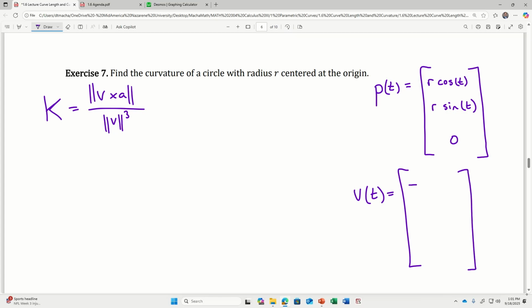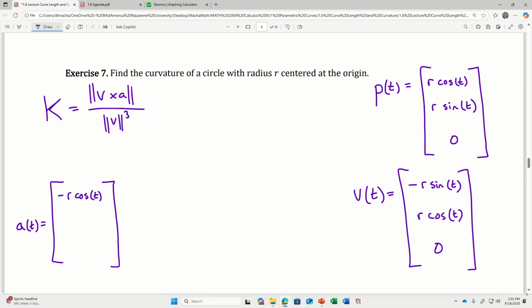So I write negative r sine of t, r cosine of t, 0. And I also need the acceleration. And the acceleration is going to be negative r cosine of t, negative r sine of t, 0.